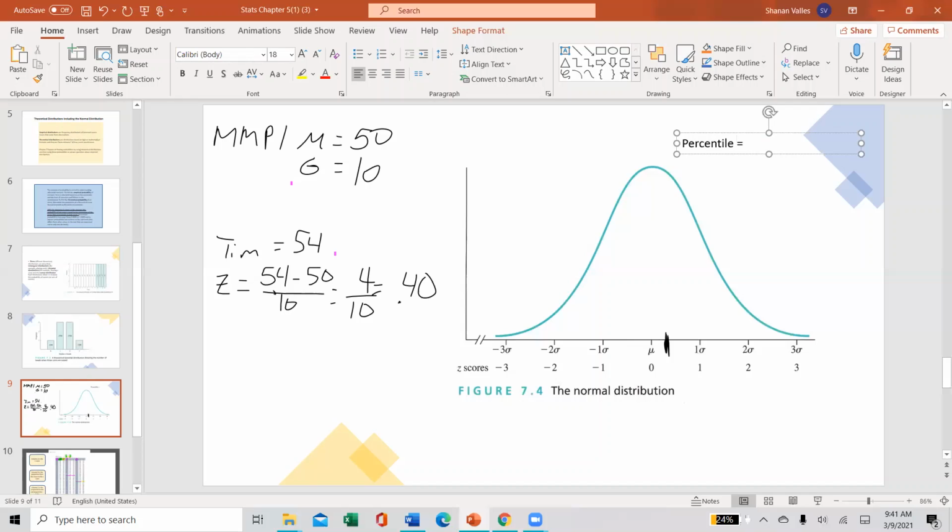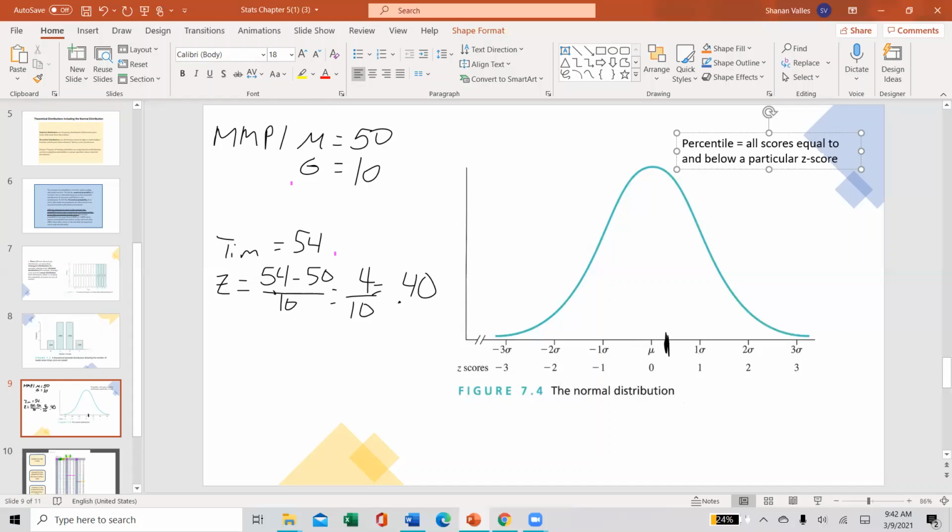Percentile is equal to all scores equal to and below a particular Z-score. So percentile is all the scores equal to you and below.